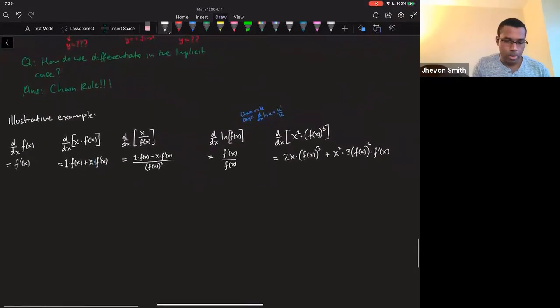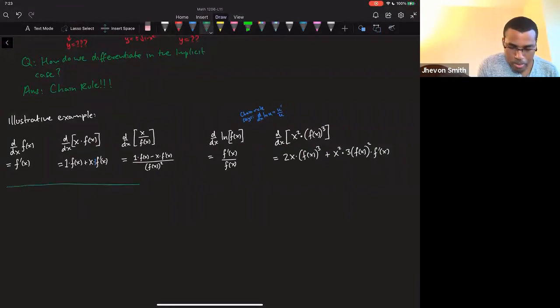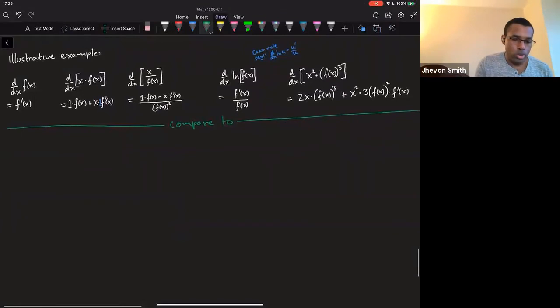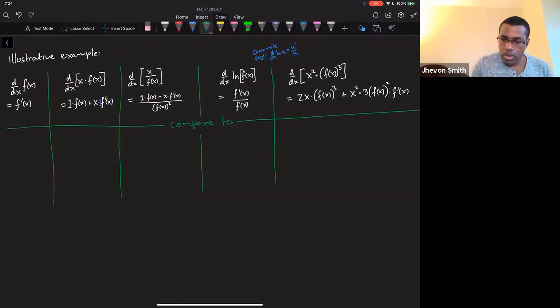Okay. So now you might be wondering, why did I do all that? Because now I'm going to want to make a comparison. So below this, I'm going to want to make comparisons between something that's going to essentially be treated exactly the same way. Like I'm not doing anything at all different. Literally what I'm going to do is change notation.